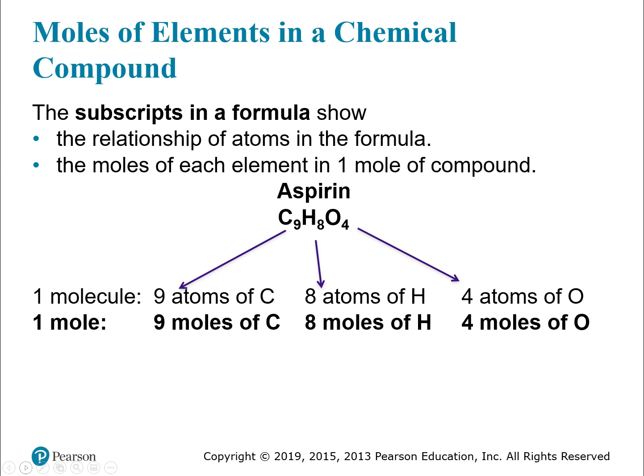We can use moles to talk about the relationships of the number of atoms in a formula. So we can say there's 9 carbon atoms in aspirin, let's say, 8 hydrogen atoms, and 4 oxygen atoms. But we can also say 9 moles of carbon, 8 moles of hydrogen, 4 moles of oxygen. So that's how we can look at a chemical formula and the subscripts.